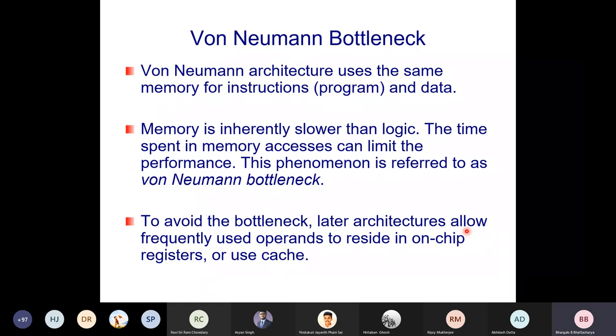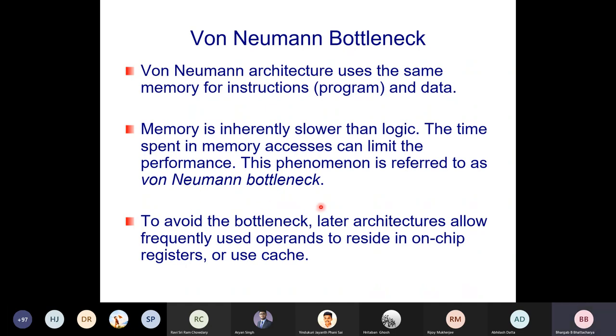There are also trade-off issues like cost and so on. Particularly the DRAM, the dynamic RAM sort of memories, are slower than the static RAMs. Therefore, the time spent in memory accesses can limit the performance. And this is known as the von Neumann bottleneck.